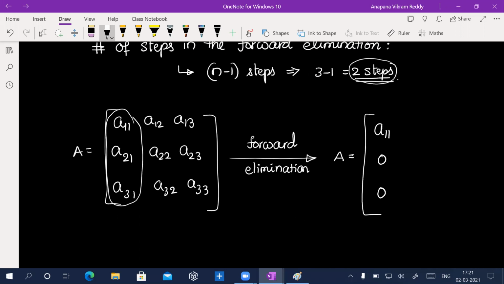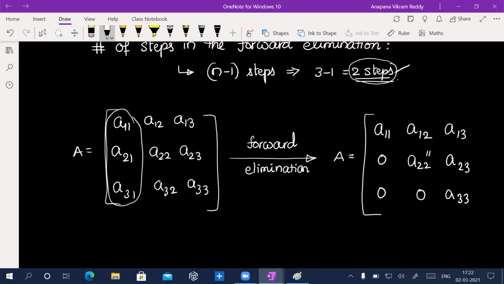And what about the second column? The moment you come to the second step of forward elimination, A22 will change. I will put a double prime on it; the double prime indicates the changed value of A22. After everything, you would see A23 and A33 as well.